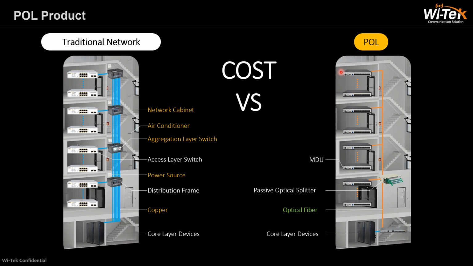But in the POL solution, no cabinet, no air conditioner, no switches, and no power source. Only optical fibers. With copper, you must have thousands of copper cables, but in the aggregation, only one or two fibers are enough, right? So through this comparison, we will know which one is the best.